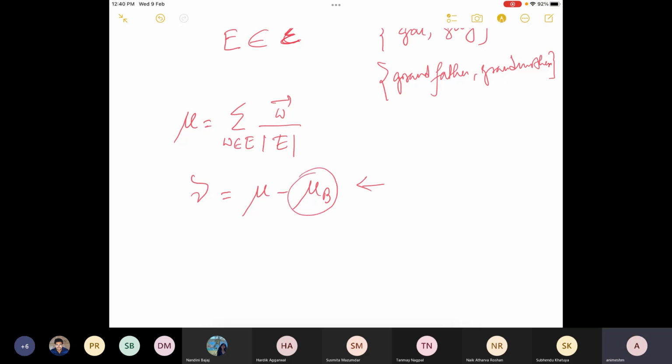What is mu b? What is your best guess about mu b? Projection of mu in the bias direction. Projection of mu in the gender subspace. So nu is the mu part with the gender part removed from it. Okay, nu is that part of the mean from which the gender component has been removed.